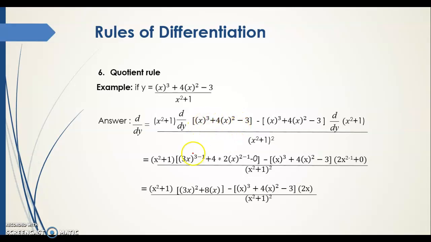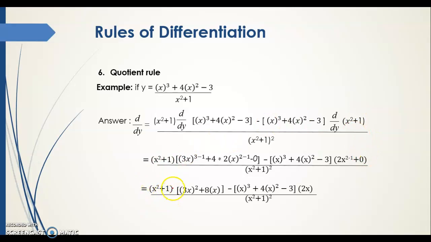So in this case, this will be 3x raised to power 3 minus 1 plus 4 into 2x raised to power 2 minus 1 minus 0, minus this function as it is. The derivative of this will be 2x raised to power 2 minus 1, and the constant is 0. Then you'll further simplify it.